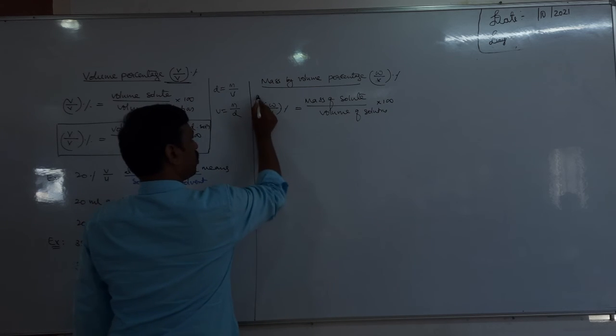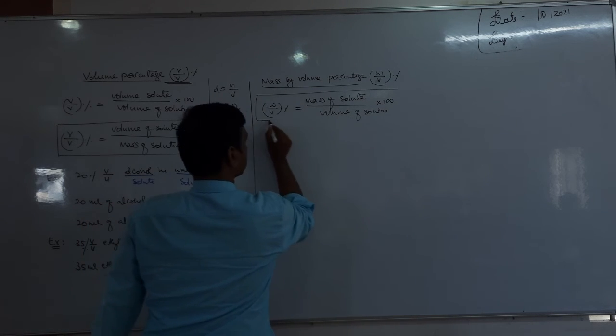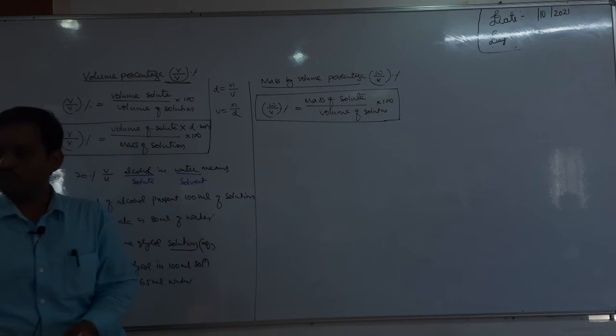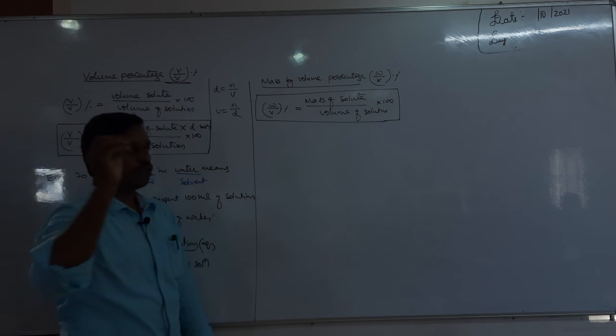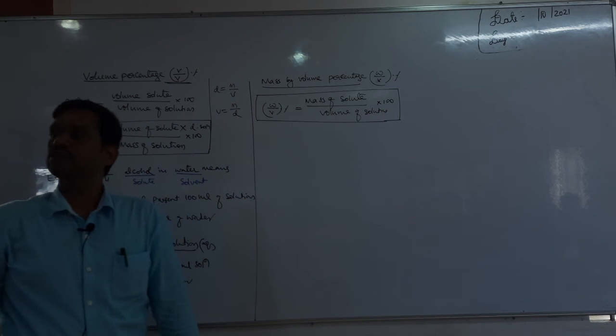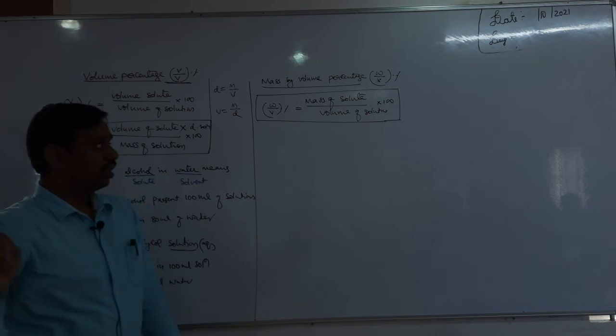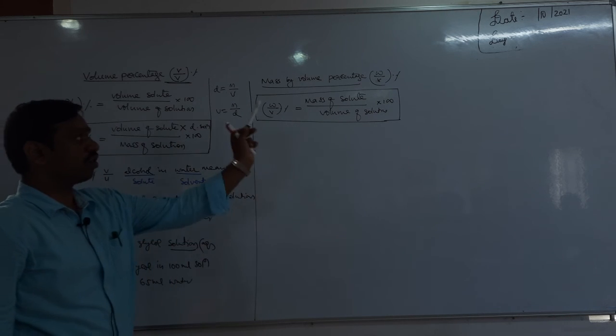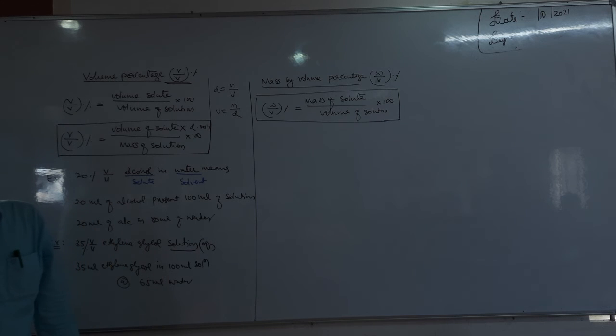Then how do you define it? Mass of the solute, we take number of grams of solute. Number of grams of solute present in 100 milliliter of solution. So the number of grams of the solute present in 100 milliliter of solution is called weight by volume percentage.